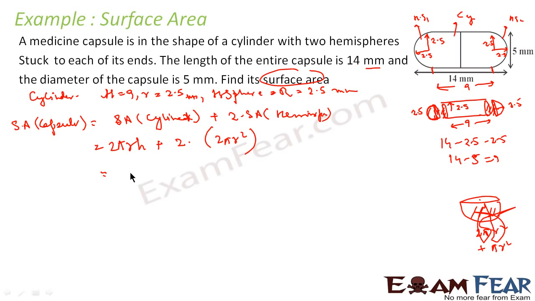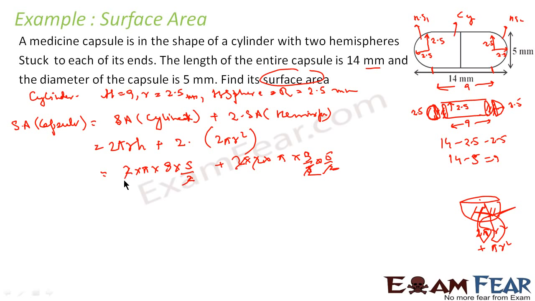So now put the values. 2 into pi into r, which is 9, and h is 5 by 2, plus 2 into 2 into pi, r is 5 by 2 into 5 by 2. The 2 cancels, here also cancels.